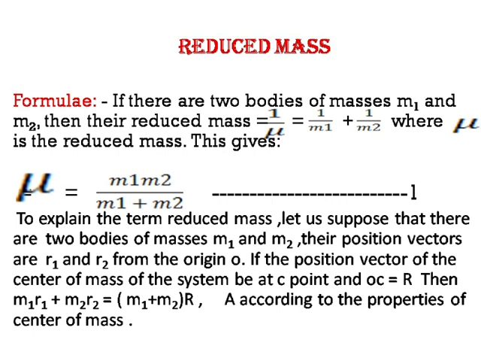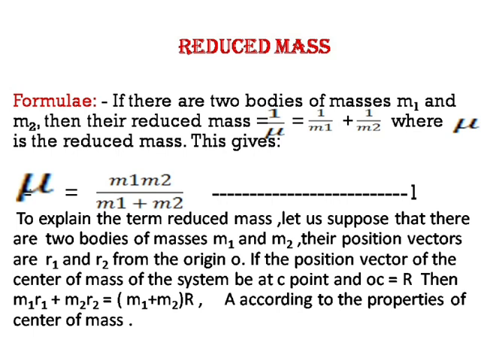Their position vectors are r1 and r2 from the origin O. If the position vector of the center of mass of the system is at point C and OC is equal to R, then m1 r1 plus m2 r2 is equal to (m1 plus m2) into R, according to the properties of center of mass.